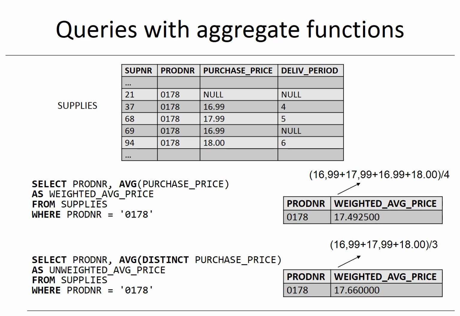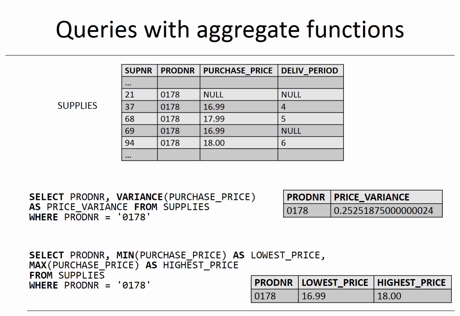In case we are interested in an unweighted average, then we need to add the DISTINCT option, as you can see in the second query. Here, the value 16.99 will only be counted once, resulting in an average of (16.99 + 17.99 + 18) divided by 3, or 17.66. Besides the average, also the variance can be calculated, as you can see here.